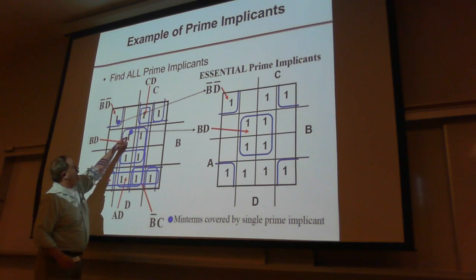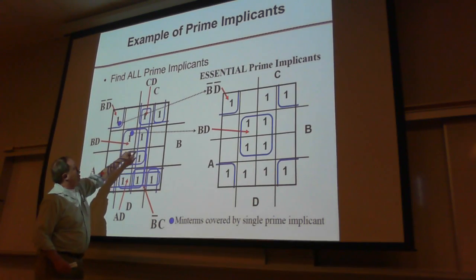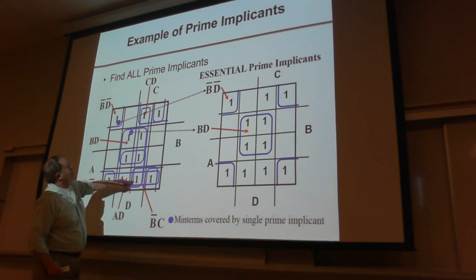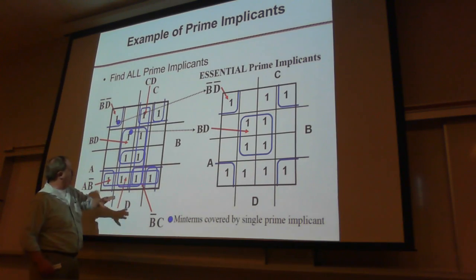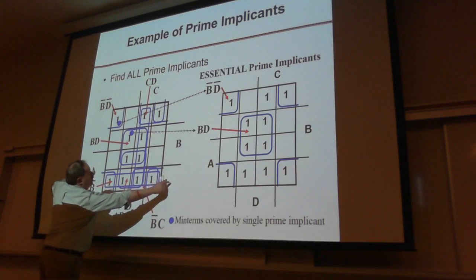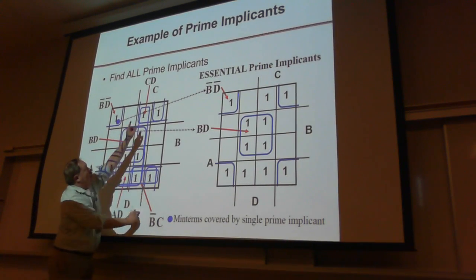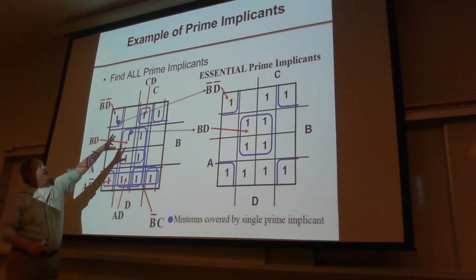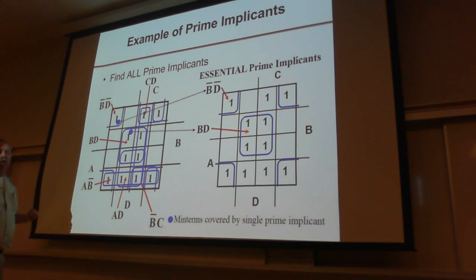So I have these 4, I also have pairs, I have these 4, I have pairs, I have these 4, these 2 corners here, these 2 corners here, these 2 corners here, I have that pair, and I have some that are overlapping, right?